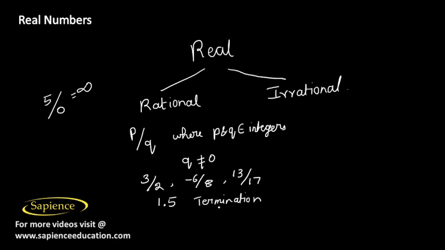If it is non-terminating, like in the case of 13 by 17, then it will be non-terminating but recurring.